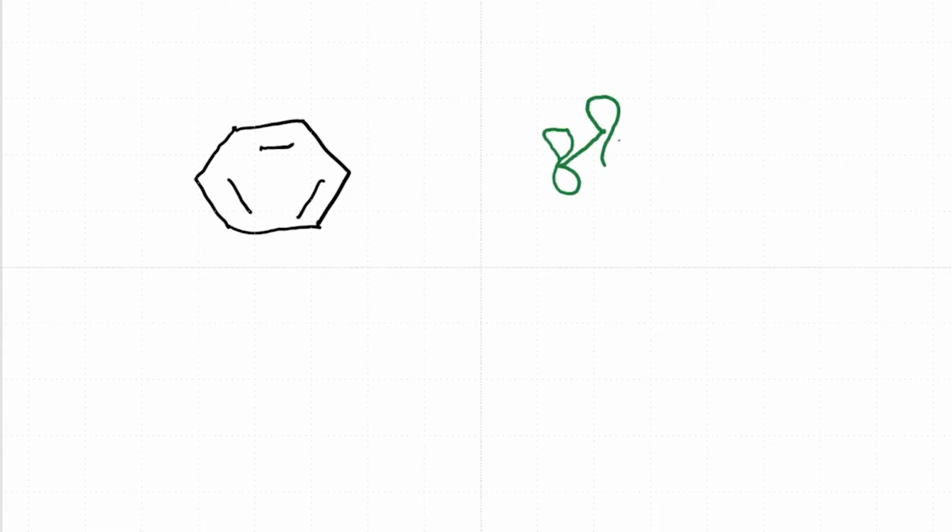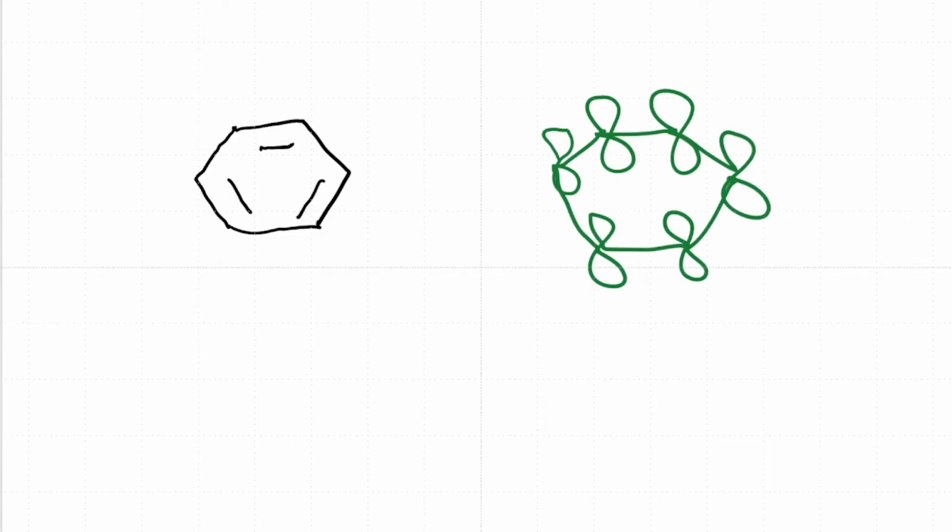Okay, so just to recap, benzene is basically 3 pi bonds in a six-membered ring, and so the orbital picture is going to look something like this, right? You have p orbitals which have 6 pi electrons. Now, to understand this picture, let's look at the energy levels of benzene.